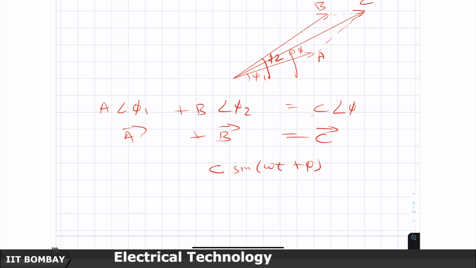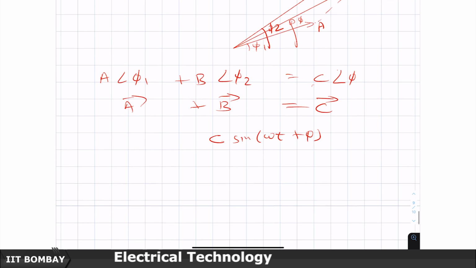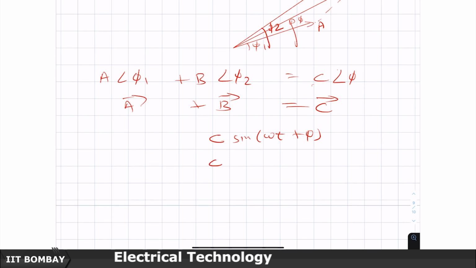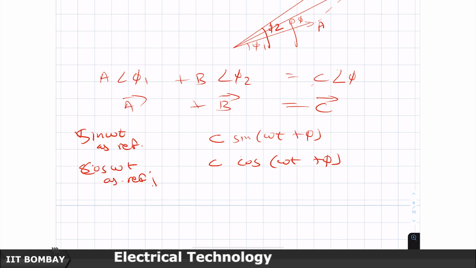If you had started all this algebra from cosine of omega t as a reference waveform, then you would have come to the conclusion that this is nothing but cos of omega t plus phi. This is the conclusion you will derive if you take this as reference.